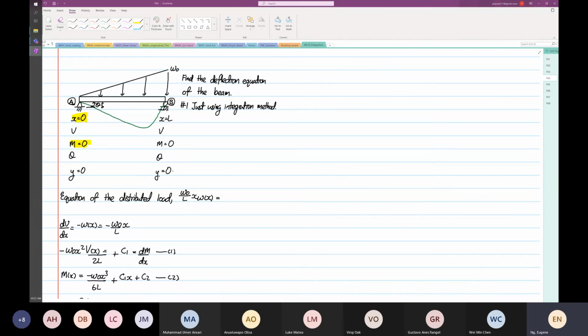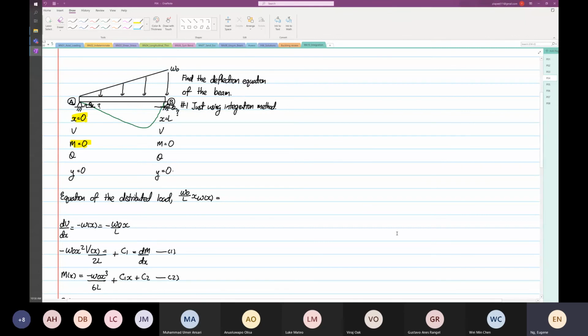I do apologize. The first theta is wrong. We don't know this theta over here, and on the other side, we don't know what the theta is over here. We don't know any of the slopes, so whatever we don't know cannot be used as a boundary condition.